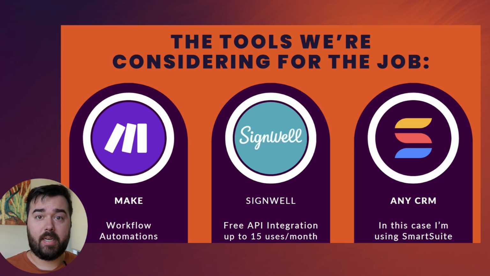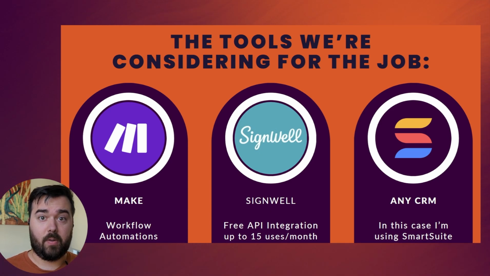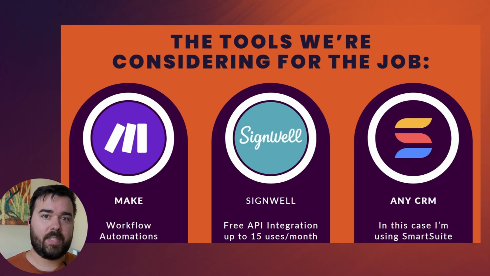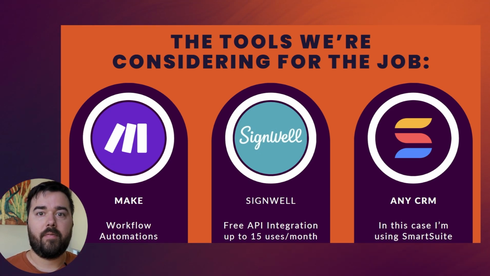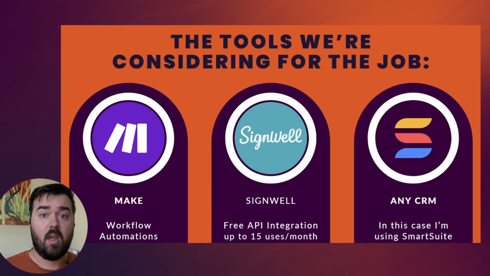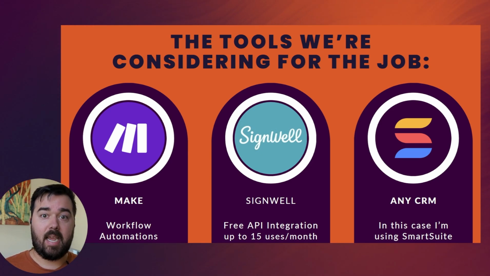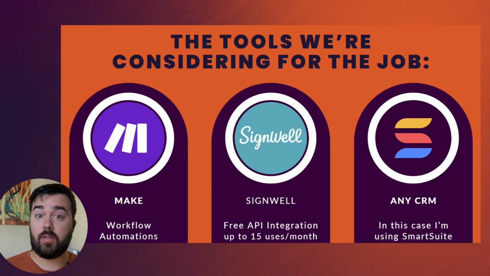Here are the tools that I'm going to be using for this particular build. First and foremost is Make.com. This is the absolute most vital one here. But the second one that I want to emphasize is this tool, SignWell. This is another e-signature software that allows you to upload documents and templates. But what is unique about this is that it has an API documentation that you can build custom commands with.